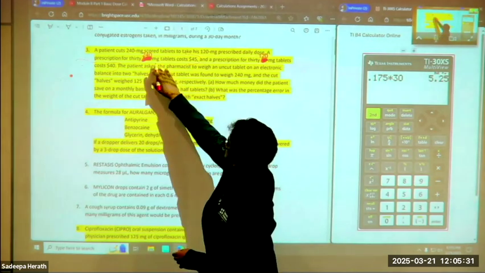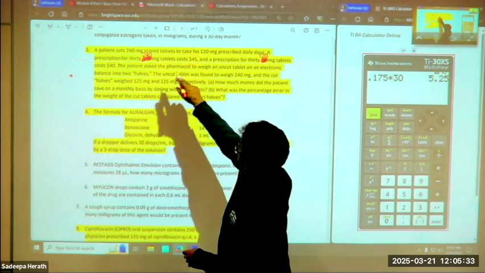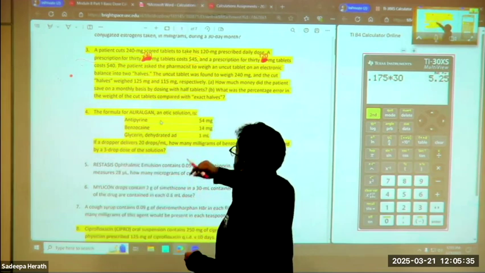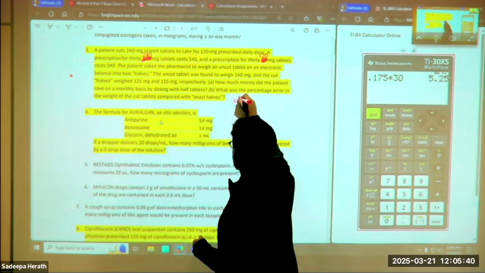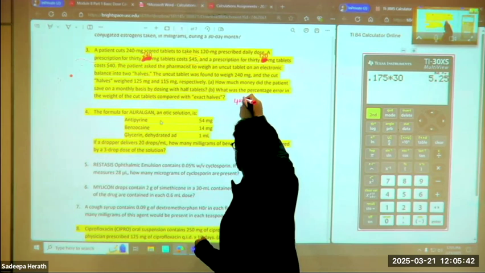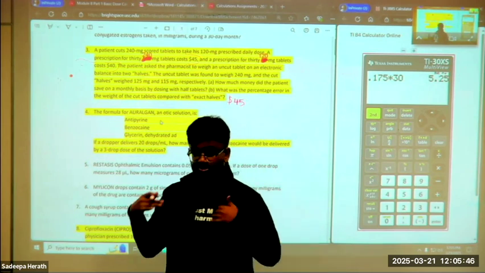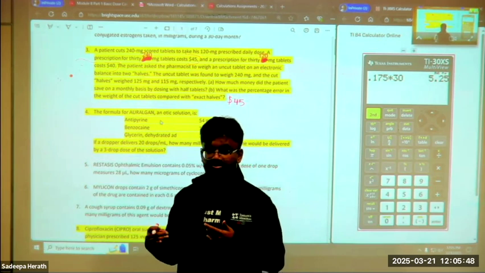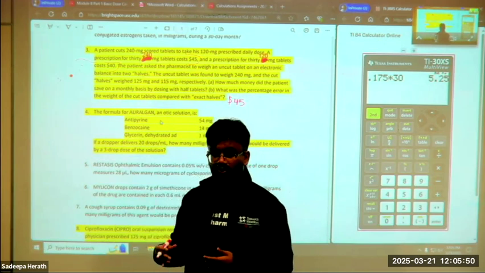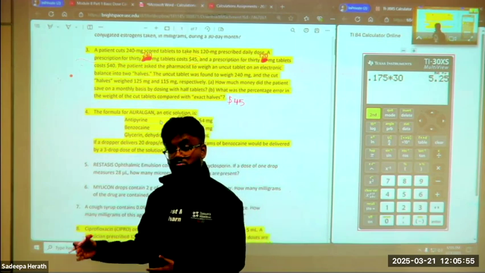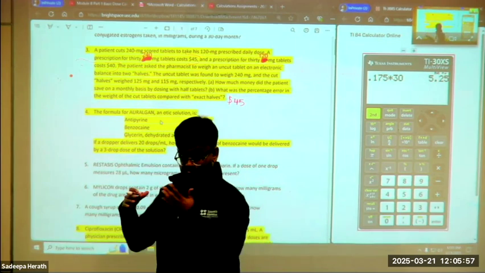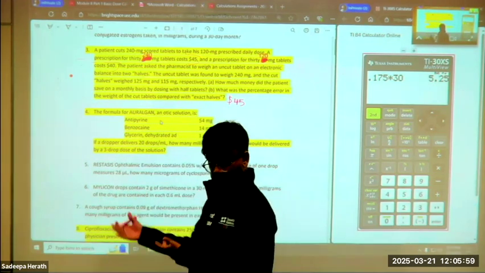So $45 for 30 tablets of the 240. We need to find out how much each tablet costs. When we explain it to ourselves, that's how you might see the units at the end. We want to find out the cost per tablet, that's dollars per tablet.